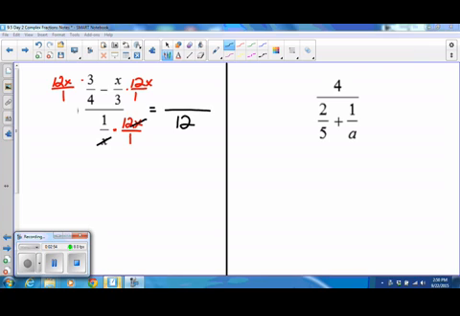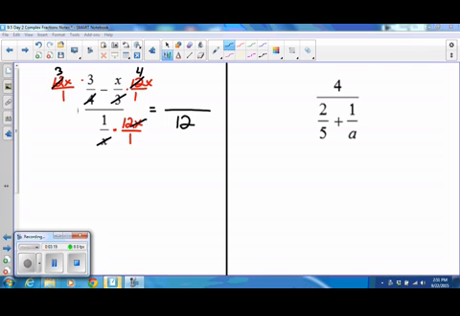All I'm left with is 12 because my x is canceled. Now, up here, my x's don't cancel, but I have 3 and I have 12. What is 12 divided by 3? 4, right? So this cancels, leaving me with just 4. My 12 divided by 4 is what? 3. So this cancels, leaving me with just 3.